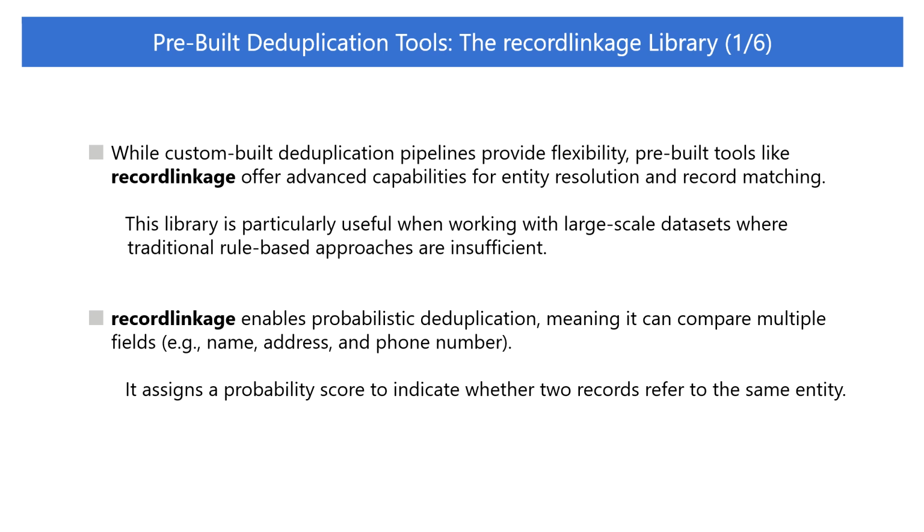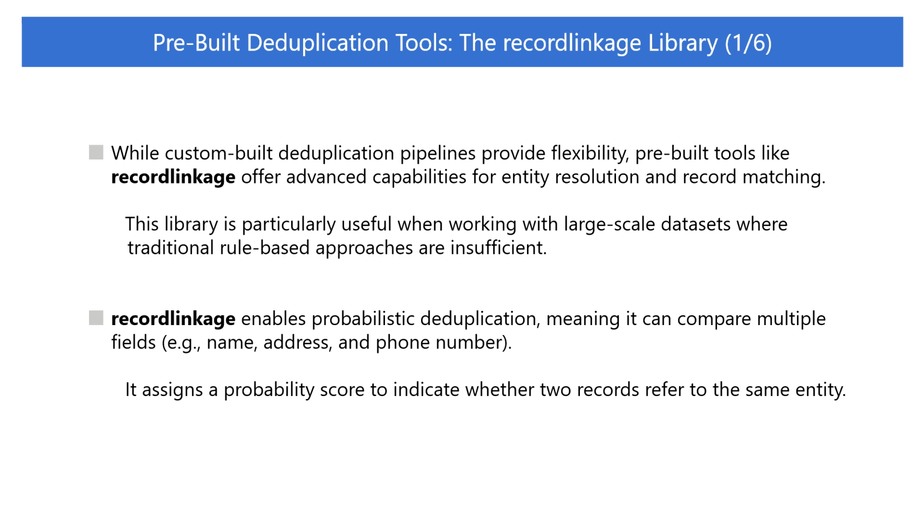While custom-built de-duplication pipelines provide flexibility, pre-built tools like the Record Linkage Library offer advanced capabilities for entity resolution and record matching. This library is particularly useful when working with large-scale datasets where traditional rule-based approaches are insufficient.